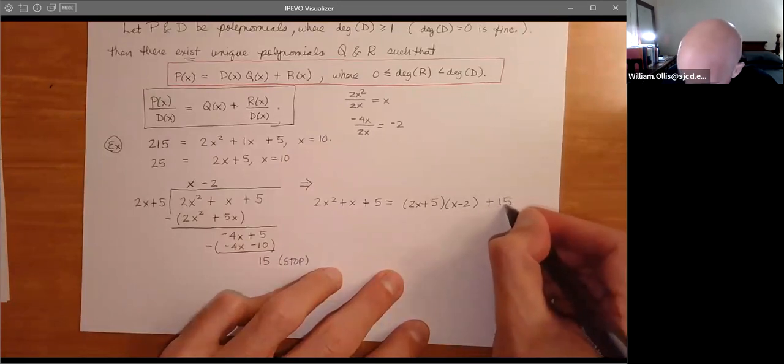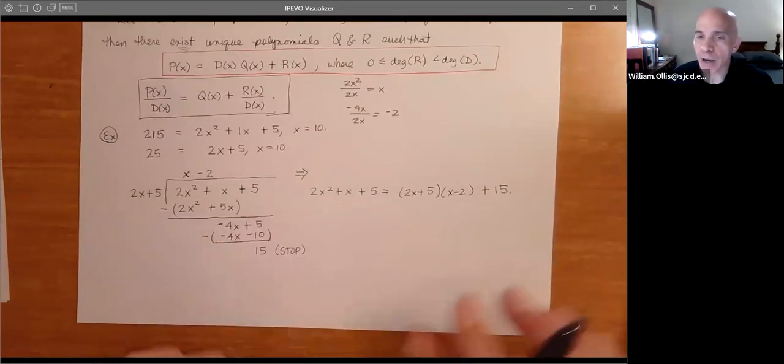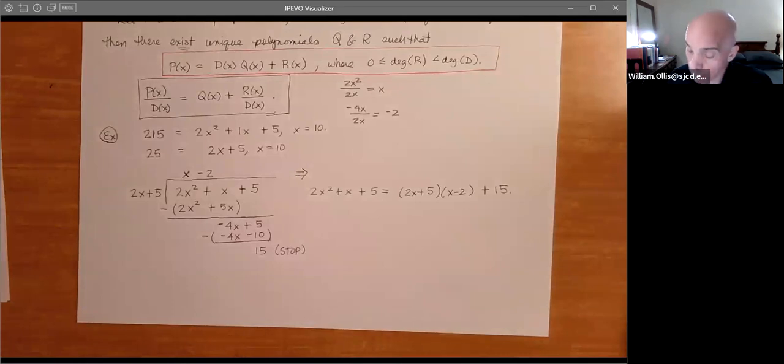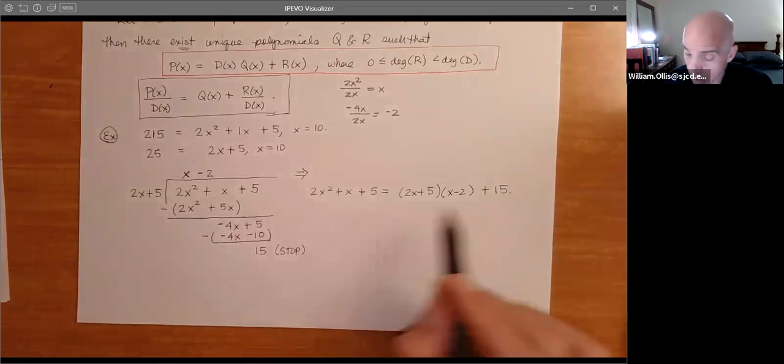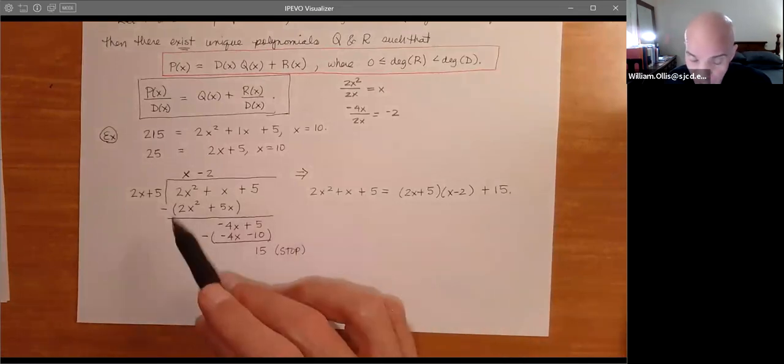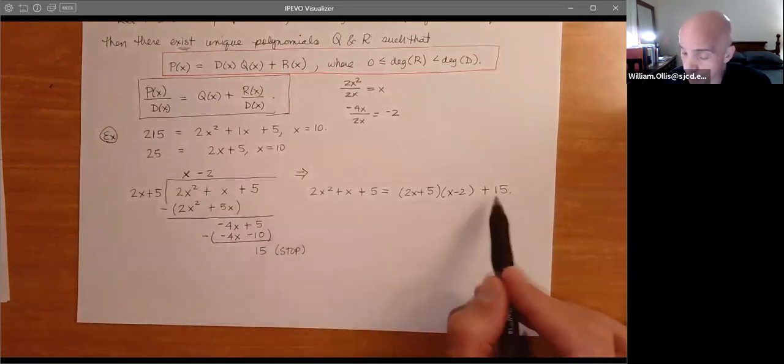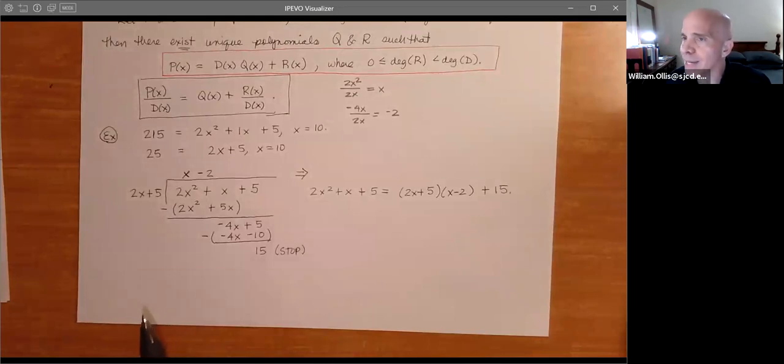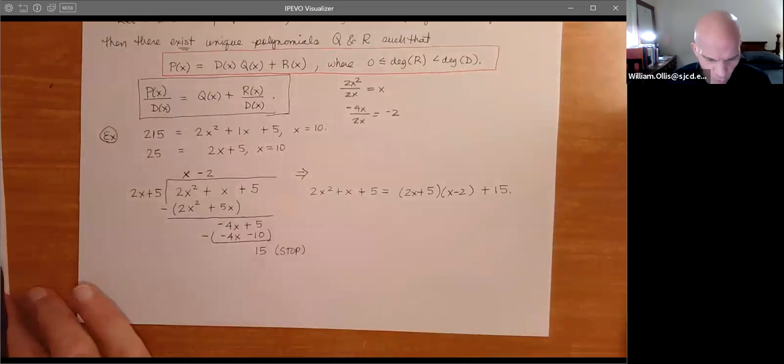So there's the division algorithm. And we see, as we thought, the 2x plus 5 does not divide this because the remainder is not 0. Well, we expected that.